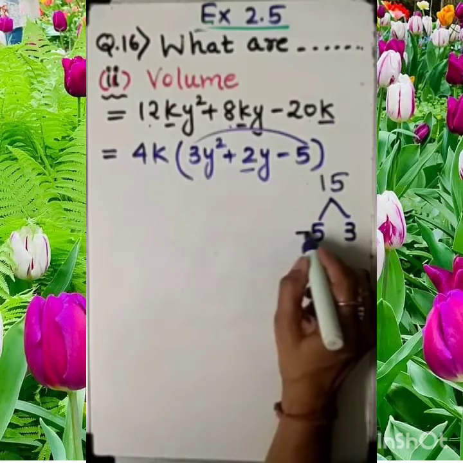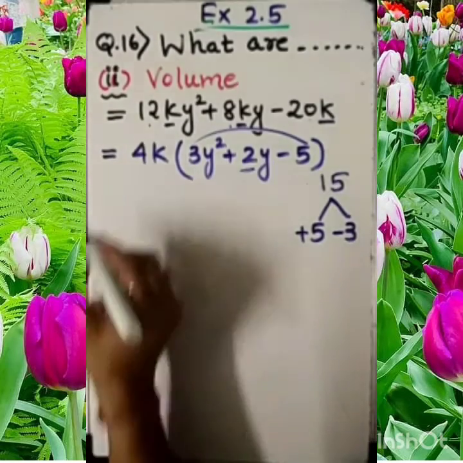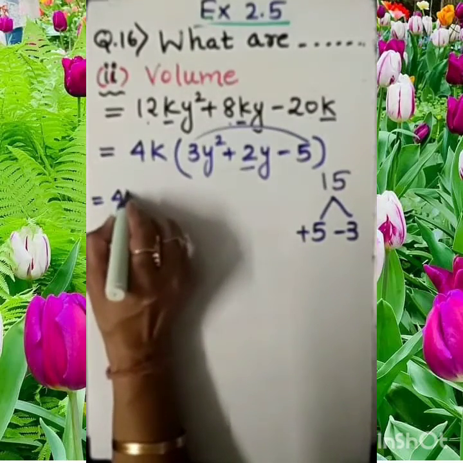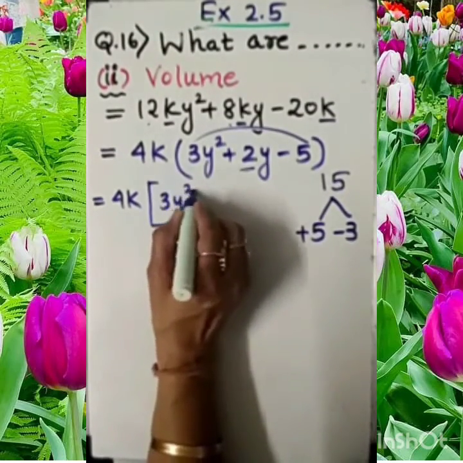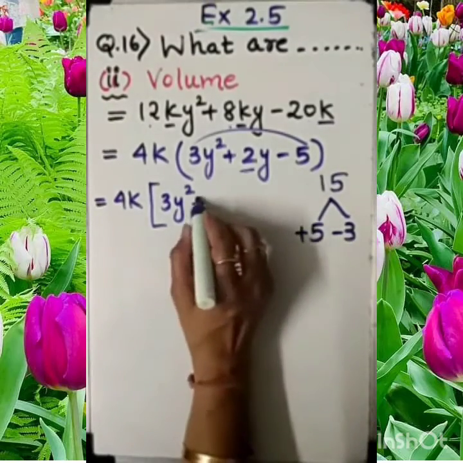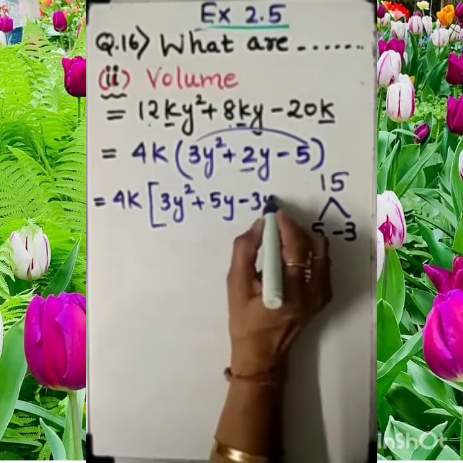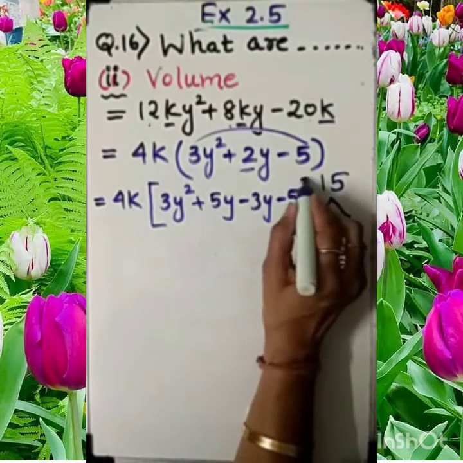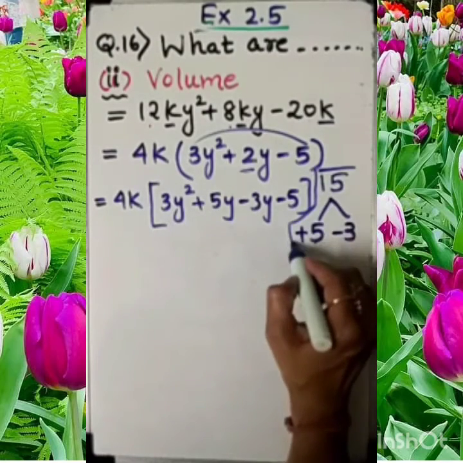So we will have the factors. So 3y square, middle term splitting, that is here 5y minus 3y, and of course this minus here too.